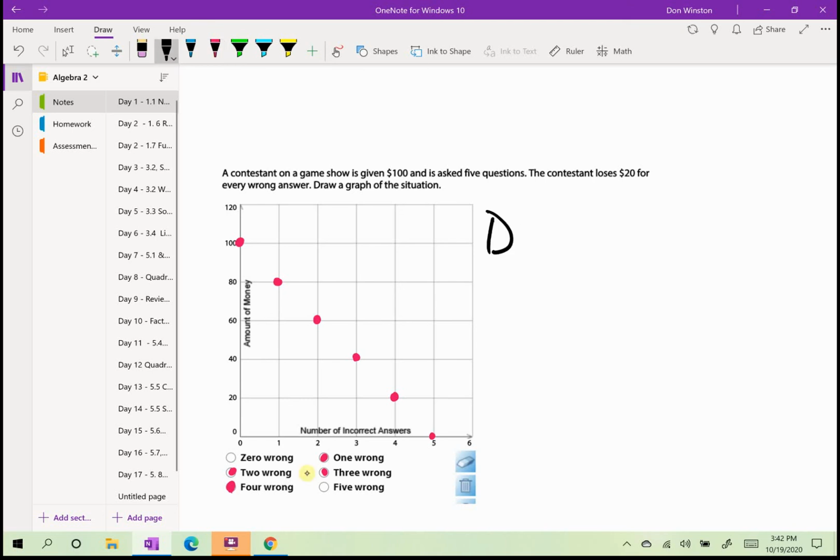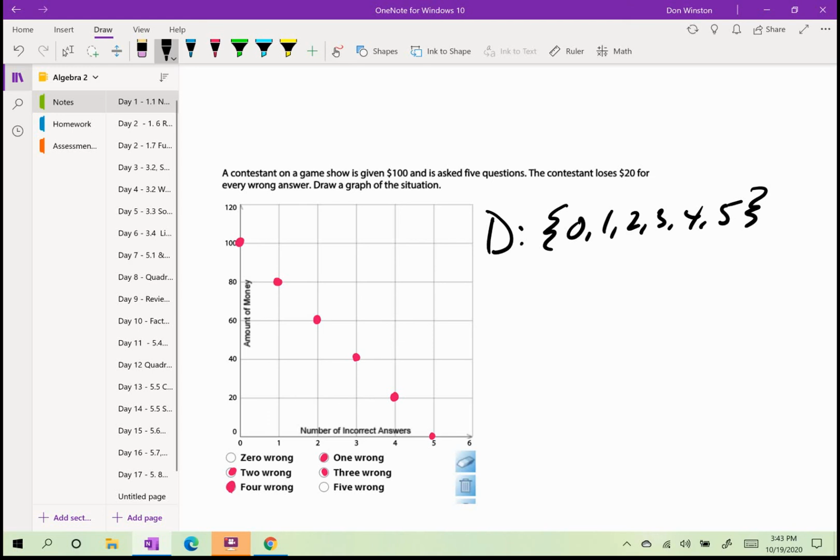Now, the domain would be a little tricky here because it's not continuous. So the domain, I have to write as a roster notation. What would the domain be? Well, you can have anywhere from 0 to 5 wrong. So 0, 1, 2, 3, 4, 5. Roster notation. It's a discrete set. You can't have 1.5 wrong. You can't have 2.5 wrong.